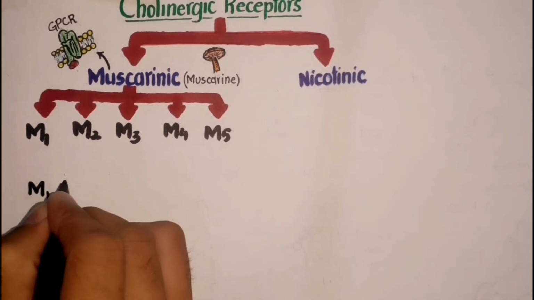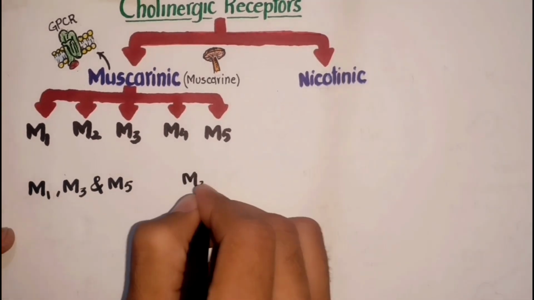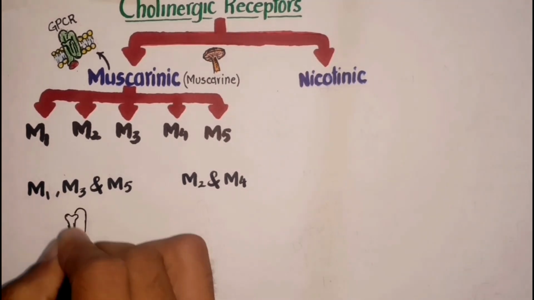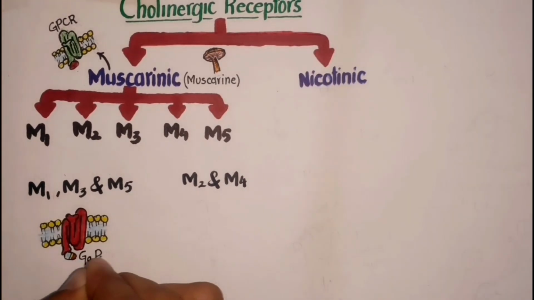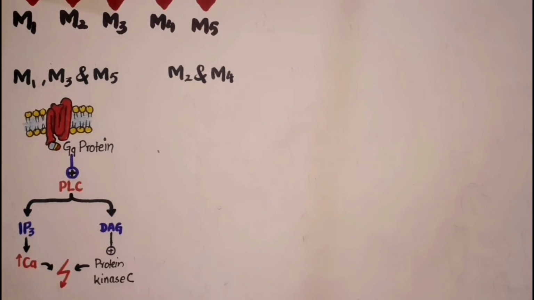Functionally, M1, M3 and M5 receptors fall into one class, while M2 and M4 fall into another class. The odd-numbered ones, that is M1, M3 and M5, are coupled with Gq protein, and once stimulated, they activate membrane-bound phospholipase C, generating inositol triphosphate or IP3 and diacylglycerol or DAG for short.